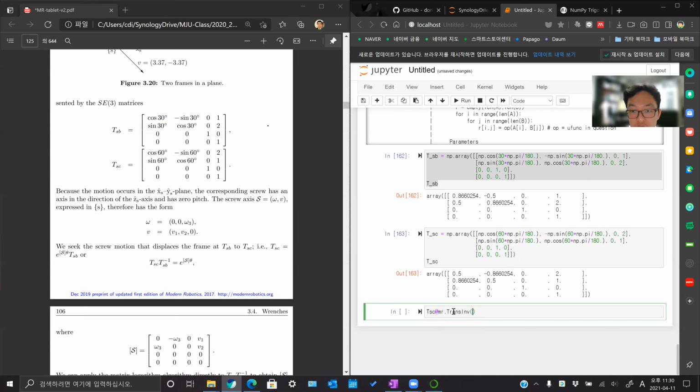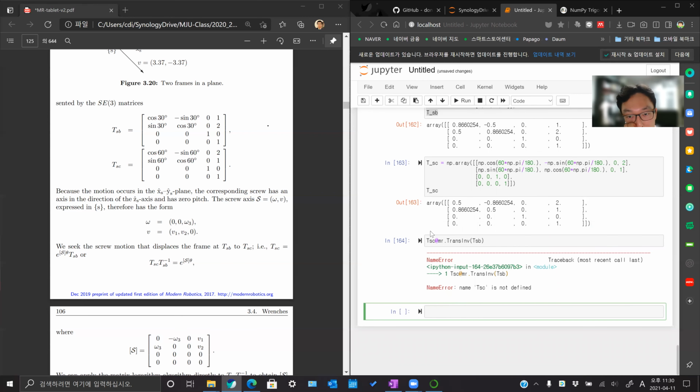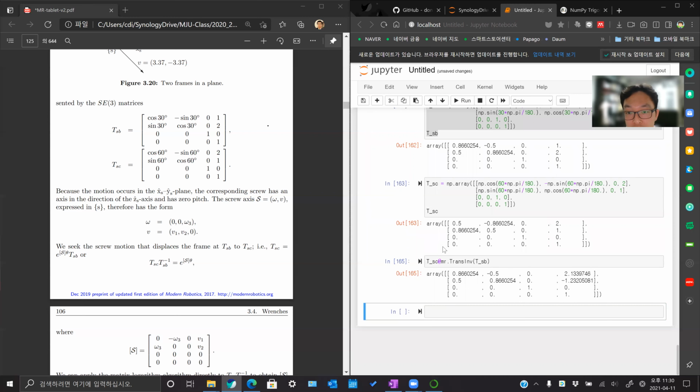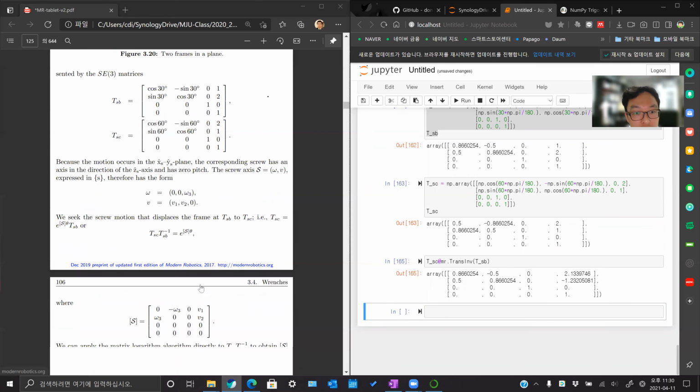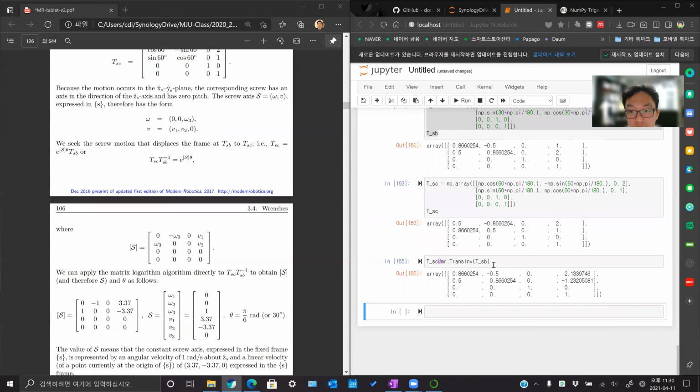You can use the tab key. Okay. Yeah, this one is equal to the exponential coordinate of screw S.